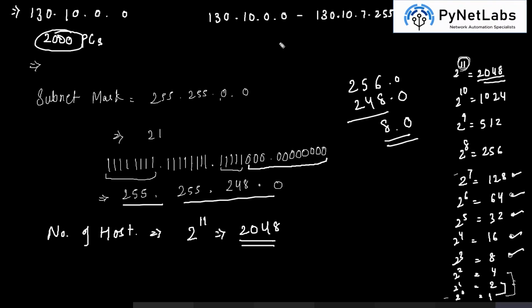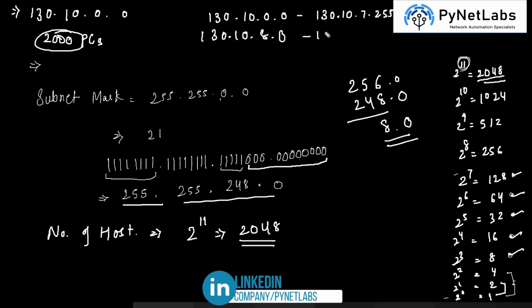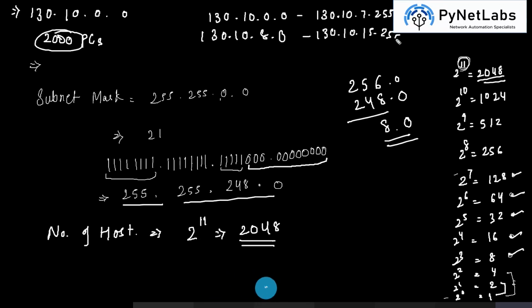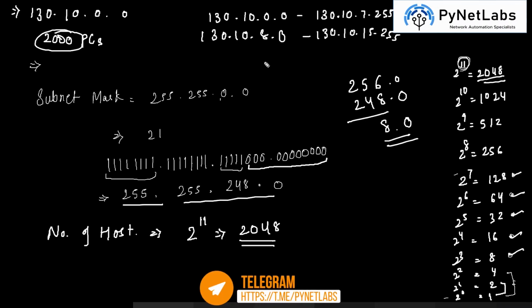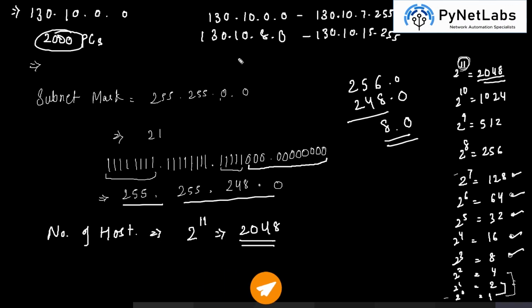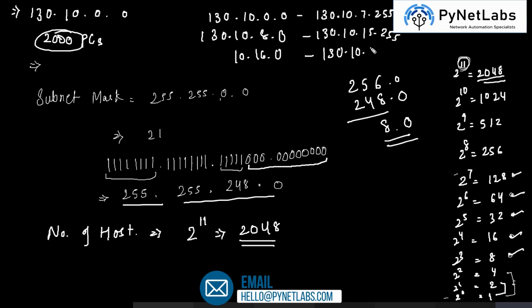Is it clear now? So after this, the range will move ahead from 130.10.8.0 to 130.10.15.255, and so on till 130.10.255.255. Then again after this, it will be 130.10.16.0 to 130.10.23.255.